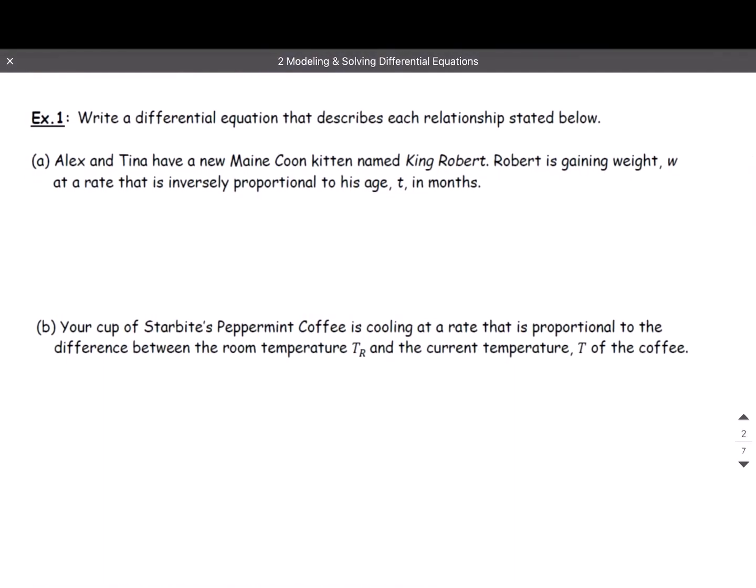So now let's try to write some ourselves. We're going to write a differential equation that describes each relationship stated below. Okay, so Alex and Tina have a new Maine Coon kitten named King Robert. Robert is gaining weight, W. Now, if it's gaining weight, we know the derivative is positive, so we know that the rate of change of the weight, dW/dt, is inversely proportional to his age t in months, with a constant k.